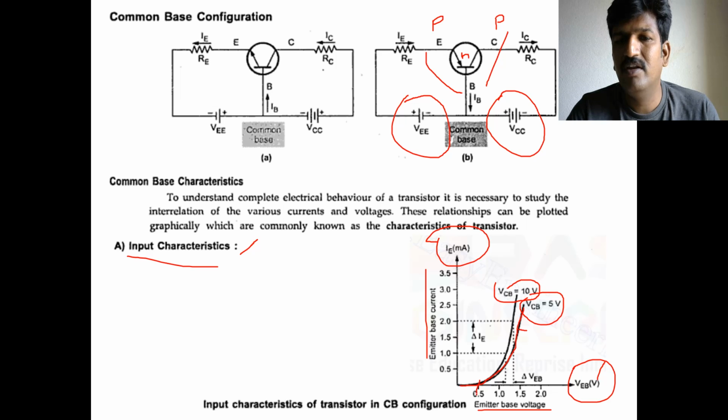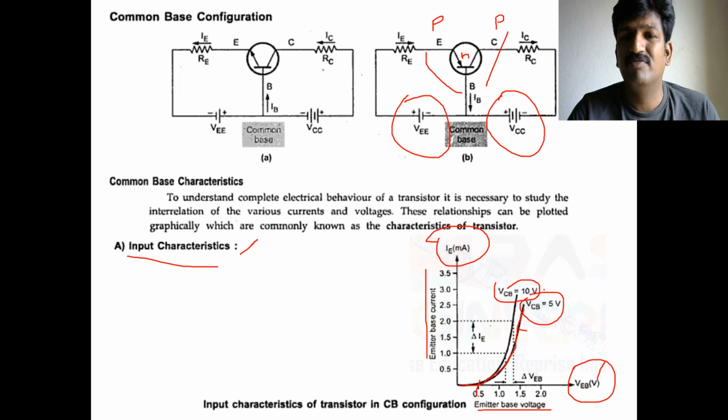This is the point where you can understand the cut-in voltage of the junction formed between the emitter and base. Here you can also observe that when you apply VCB constant at 10 volts, it maintains zero emitter current until a certain EB voltage.